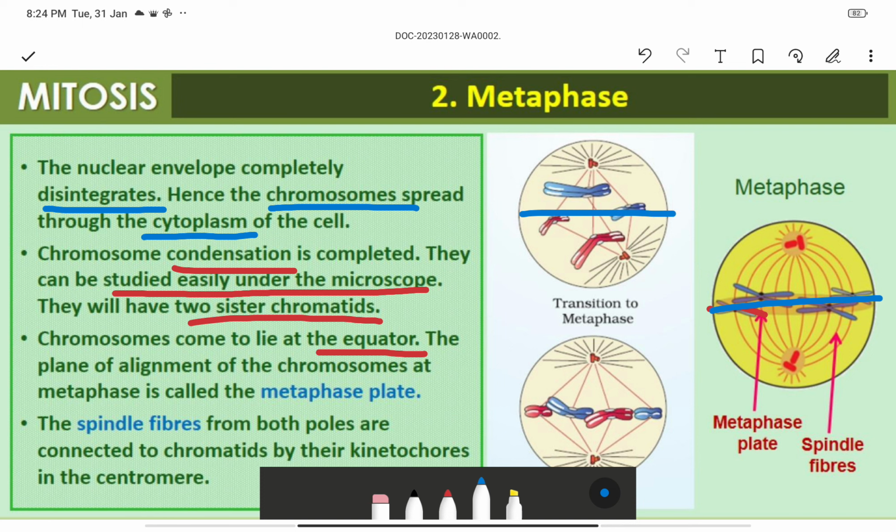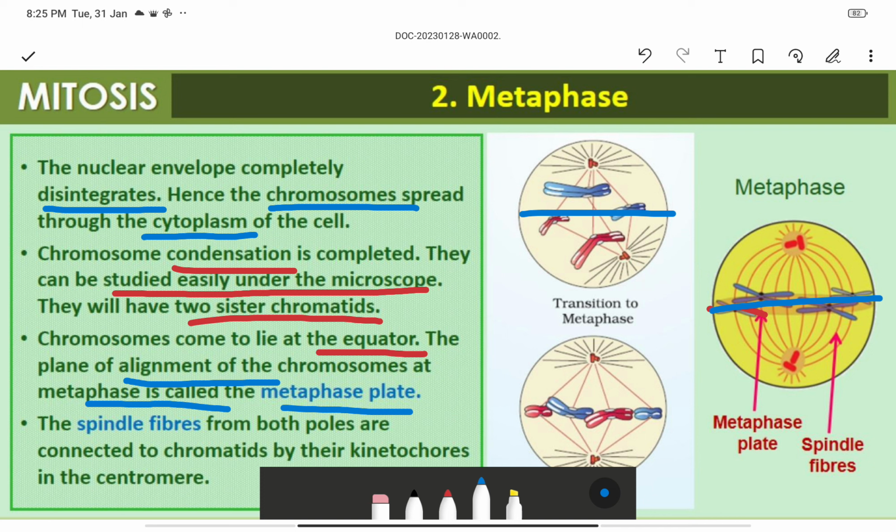In the metaphase, the chromosomes move freely in the cytoplasm and settle at the metaphase plate, nothing but the equator. The plane of alignment of chromosomes at metaphase is called the metaphase plate. Where the chromosomes lie, we call it the metaphase plate.